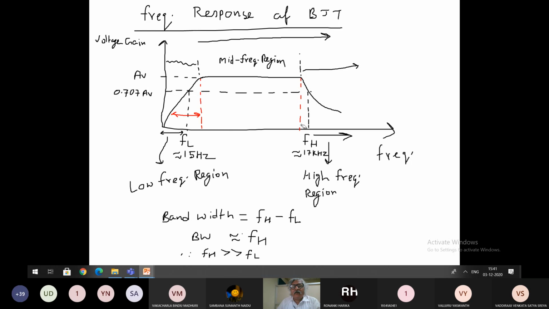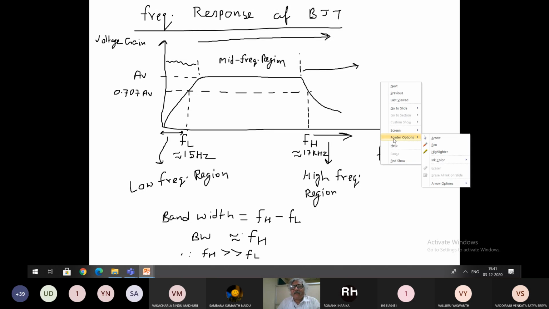One thing we found out: in the low frequency region, the drop is due to coupling capacitors and bypass capacitors. But we have still not discussed which particular parameter causes the drop in the high frequency region, right?